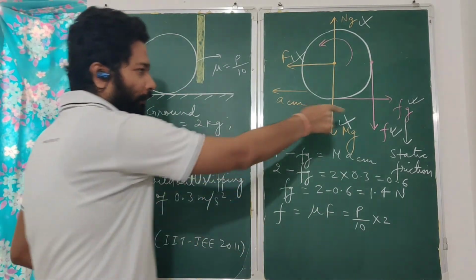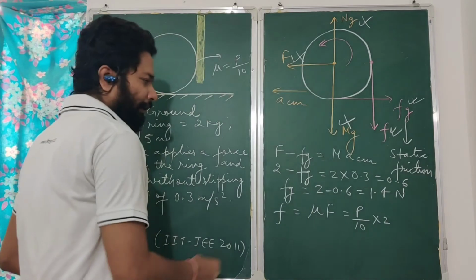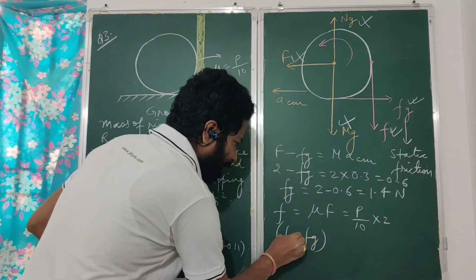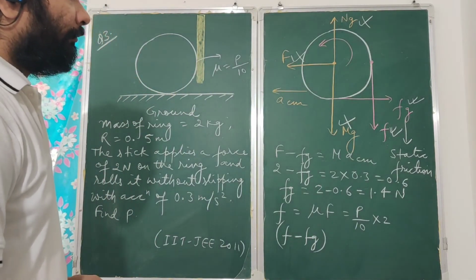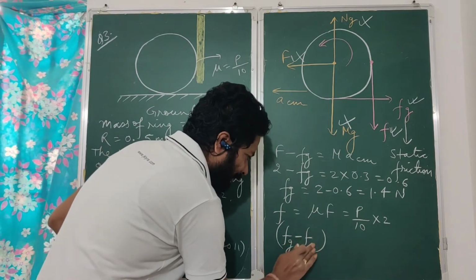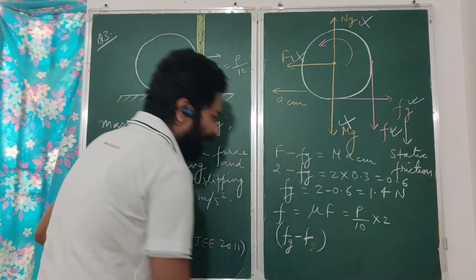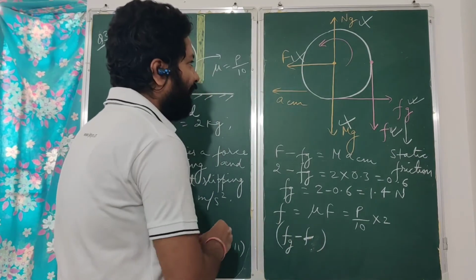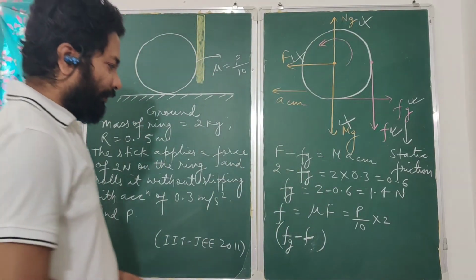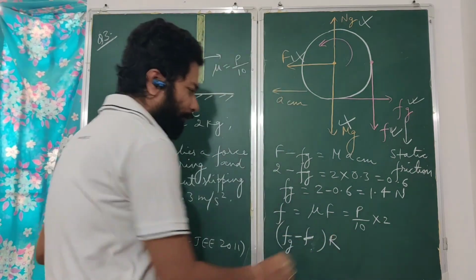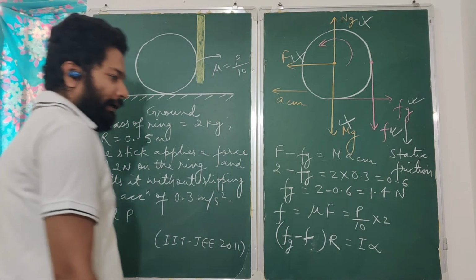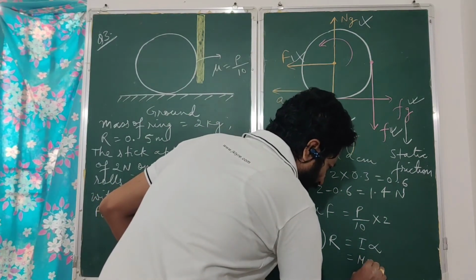So we can write the net torque as Fg minus F. Why? Because finally we are assuming that it is rotating like this. So this into R should be equal to I alpha. What is I? MR square. So we can write it as MR square.